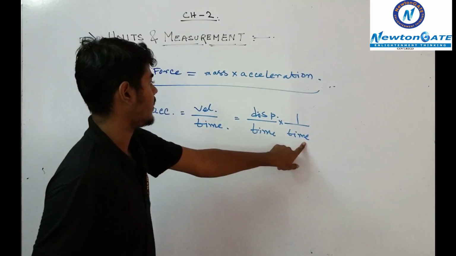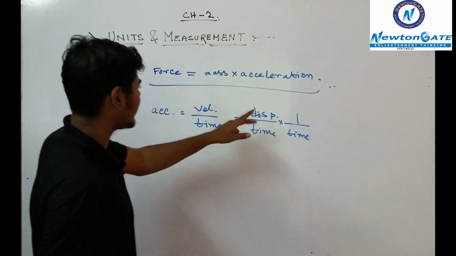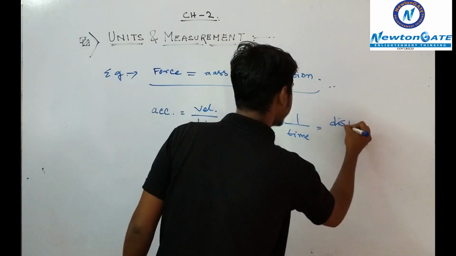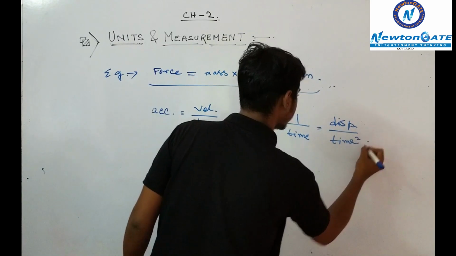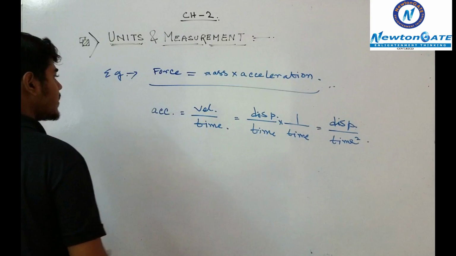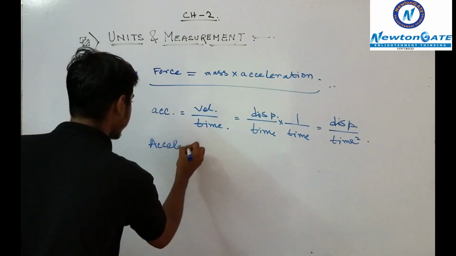This time is here, and velocity we have just written as displacement by time. So we get displacement by time squared, right?